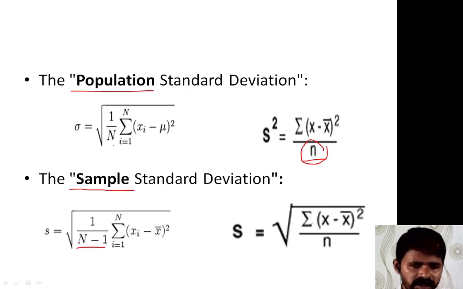If it is a population, we take only n, that means all the observations. If it is a sample, we take n minus 1. If you are not asked specifically for a sample, then in general we consider it as a population.